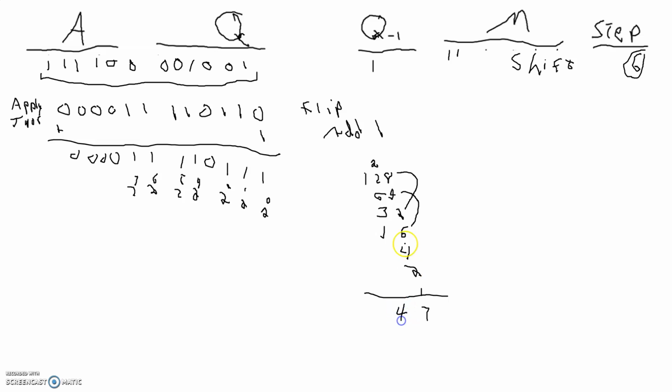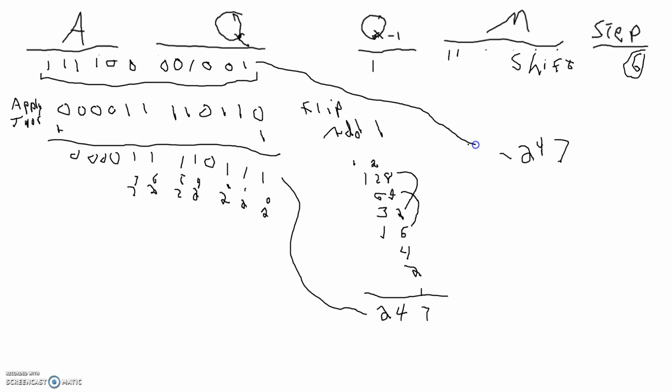So 4, carry the 1. So 1 and 1 is 2. So this number here is 247. That means negative 247 was the result that we had.